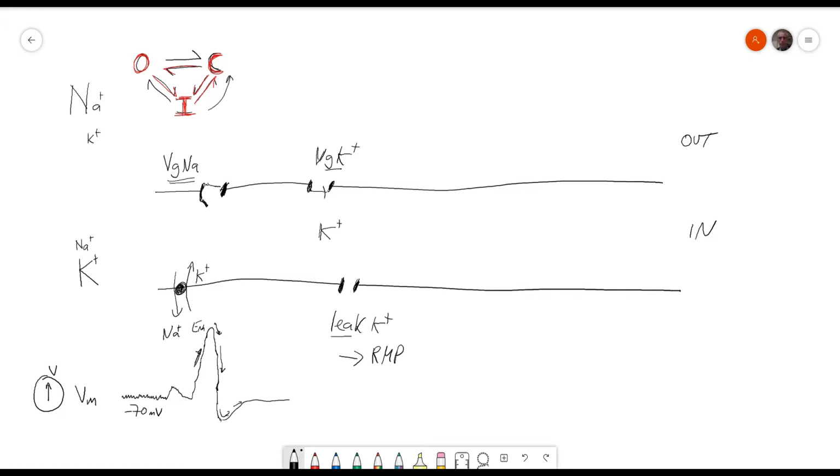In the meantime, the current passes down the neuron caused by the influx of sodium earlier, and that then starts to open sodium channels further down the membrane. And so the story goes on and on and on, and that's how we get conduction.